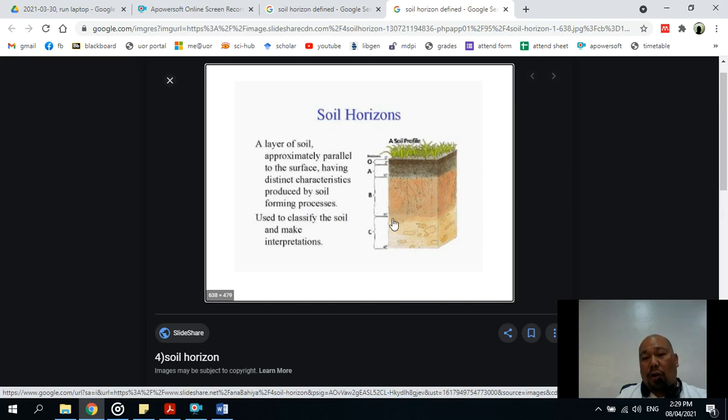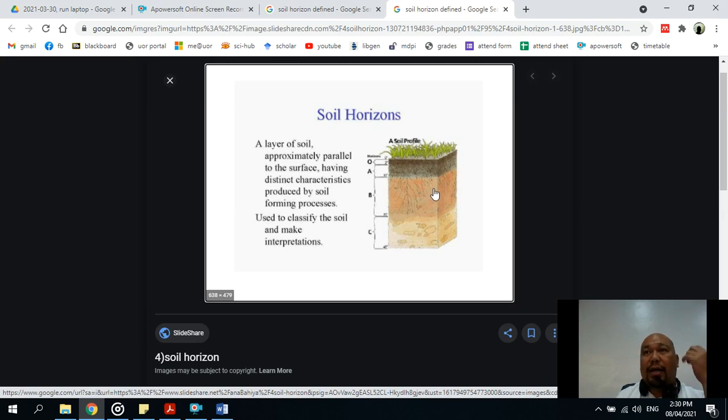So, kaning color nga lahi-lahi is just one of that characteristic nga distinct. Okay? So, ang top part or ang O horizon, ang A horizon, are darker because of certain reasons compared to that of the B horizon. Also, B horizon looks different from that of the C horizon because of various reasons nga nahimo na. It's not just the color, so there are other characteristics. So, I don't know if we've talked about this one before.